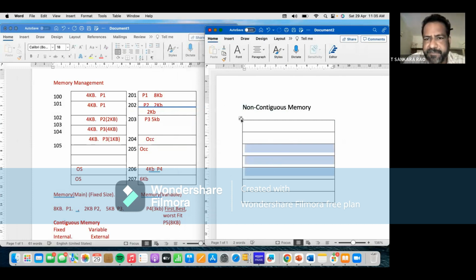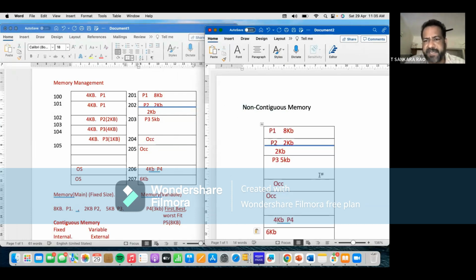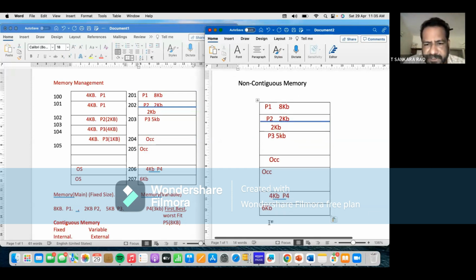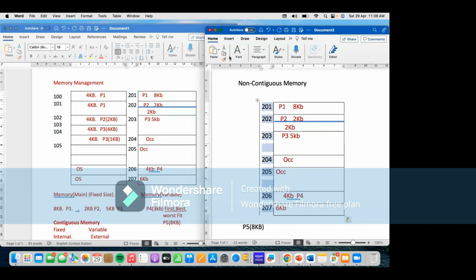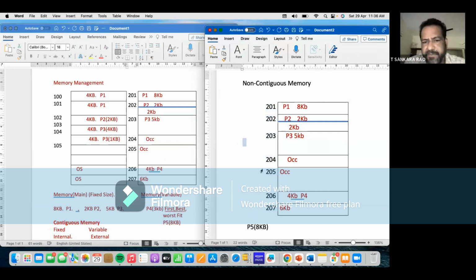If we take the same case now, P5 of 8 KB, where can I place it now?